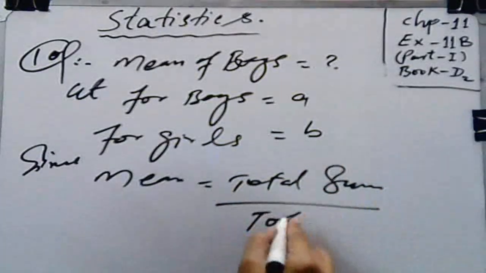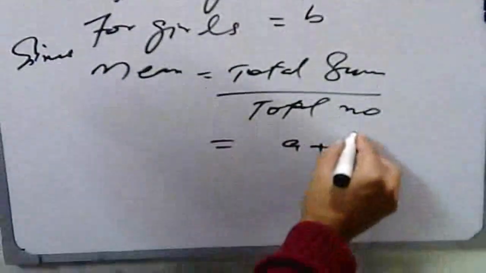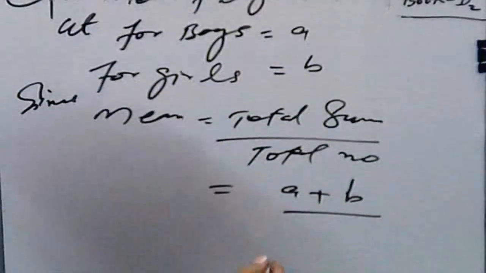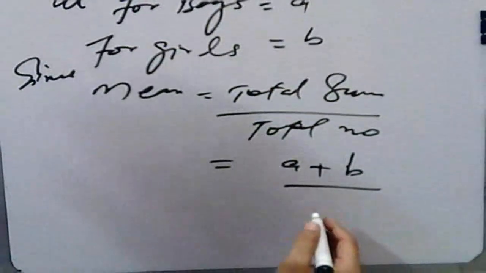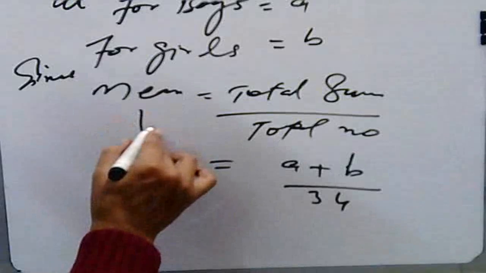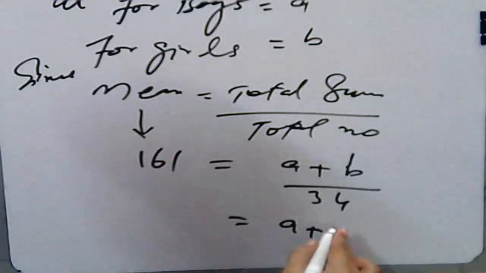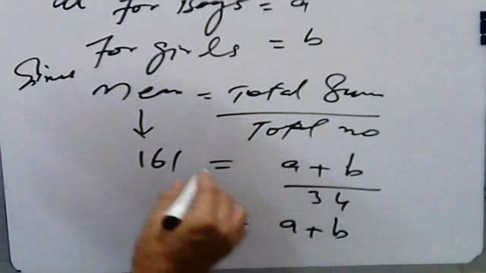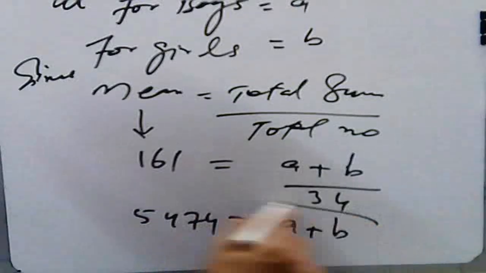The total number is 34 and the mean is 161. By using cross multiplication, the value of A plus B is 5474.